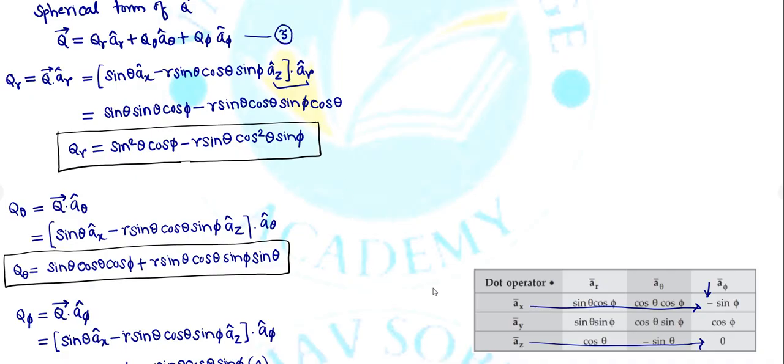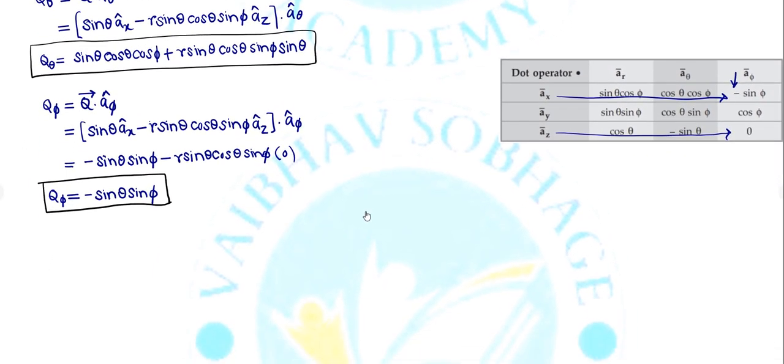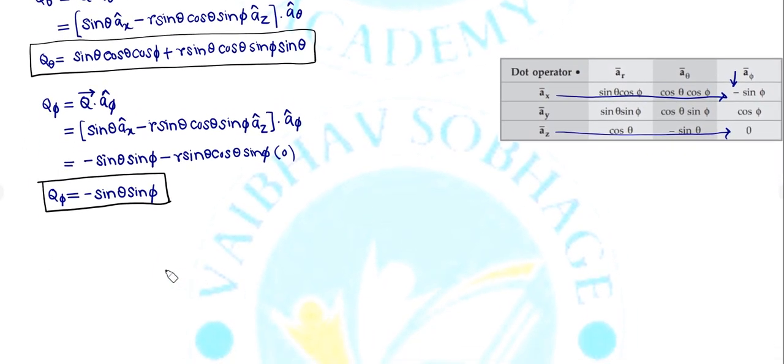Now from this we can write equation 3 in terms of r, theta and phi for your given vector Q. So your given vector Q in its spherical form is vector Qr ar plus Q theta a theta plus Q phi a phi.